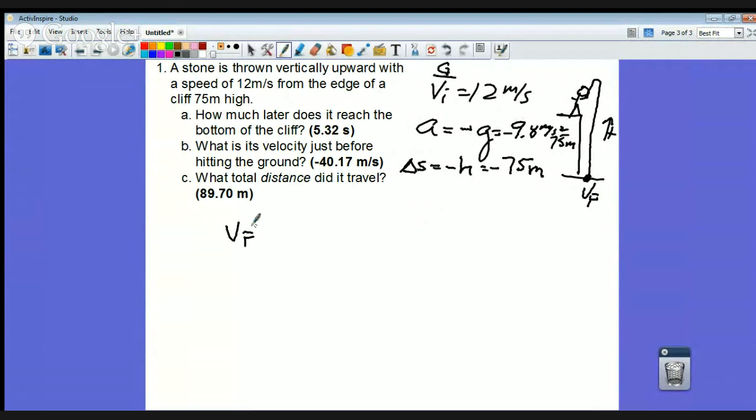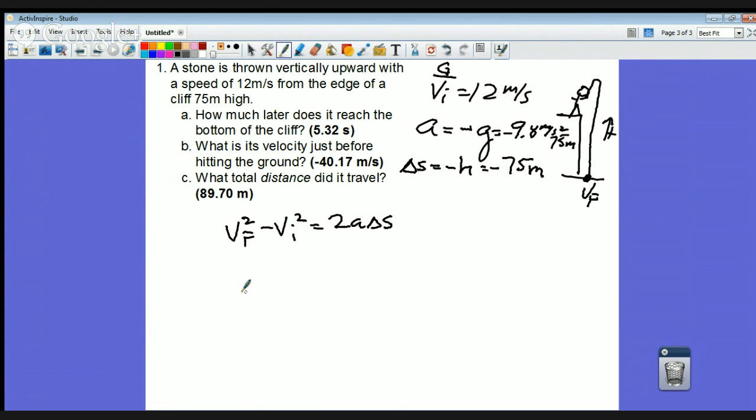So I'm going to use VF squared minus VI squared is equal to 2A delta S. And since VI is squared, it doesn't matter if it's positive or negative. But also, you know that if you throw this up at 12 meters per second, when it gets back to where you threw it from, it'll be going down at 12 meters per second. So it's good that it doesn't matter because it can't matter, or the equation wouldn't be true.